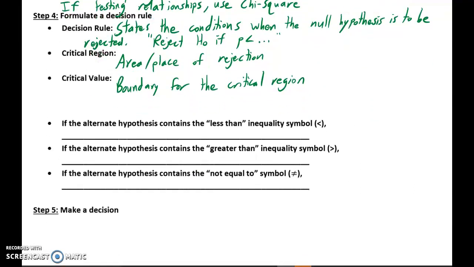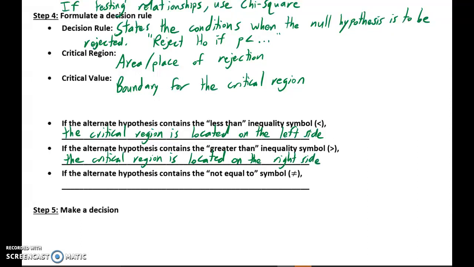If the alternate hypothesis contains the less than symbol, then the critical region is located on the left side of the graph. That makes sense because it's less than, to the left. If it's greater than, then, surprise, surprise, the critical region is located on the right side.